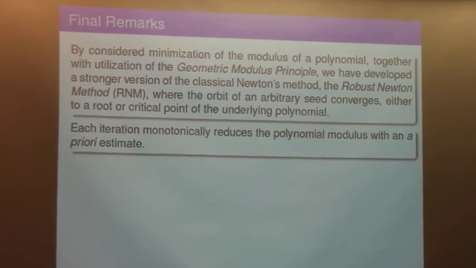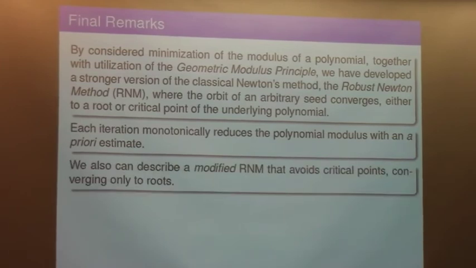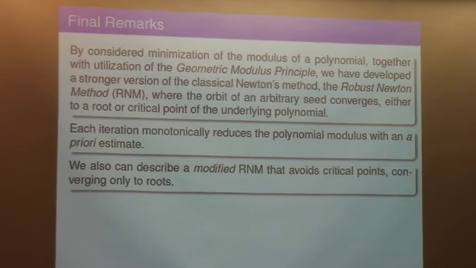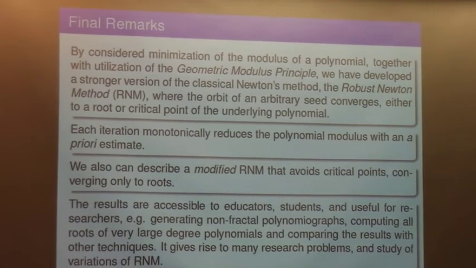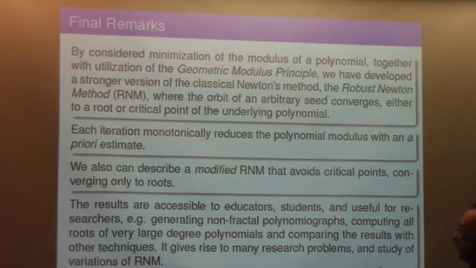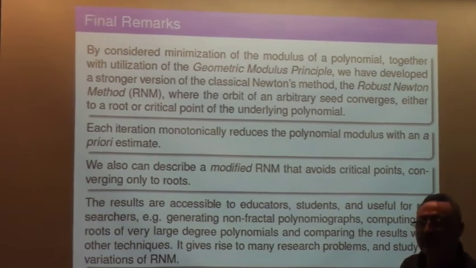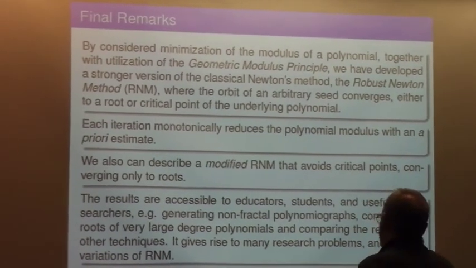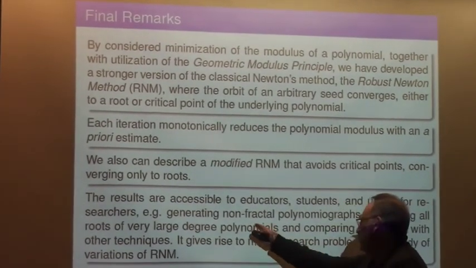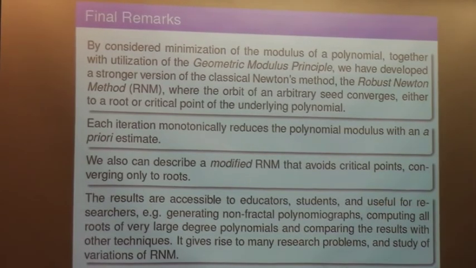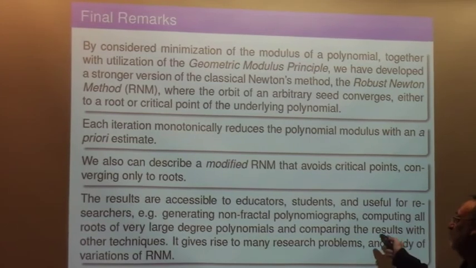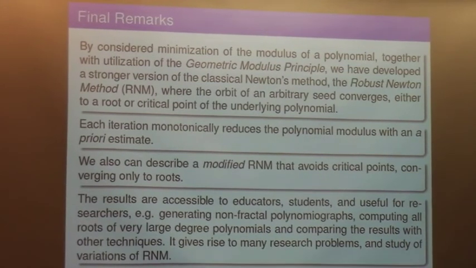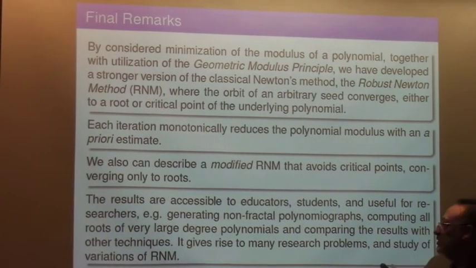Each iteration monotonically decreases the modulus. We can also describe a modified version that converges only to roots. The results really are accessible to educators, students, and useful for researchers, generating non-fractal polynomiographs, computing all roots, and comparing the results with other techniques. It gives rise to research problems also.